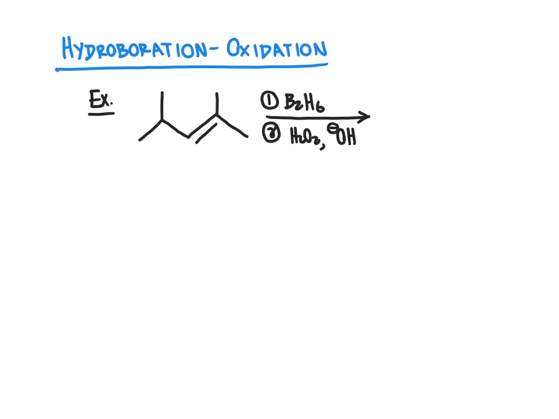You could certainly use potassium hydroxide here. The main thing is you've got to have a source of OH minus. So we ask what the major product of this reaction is, including stereochemistry.